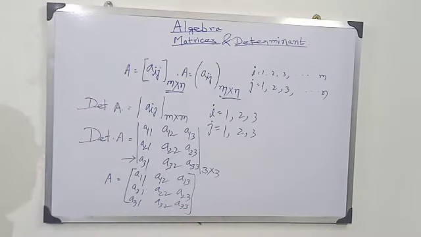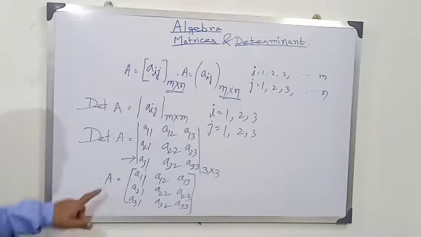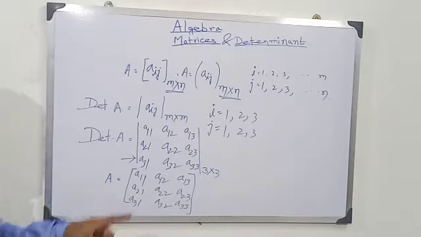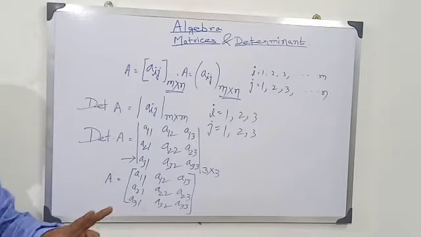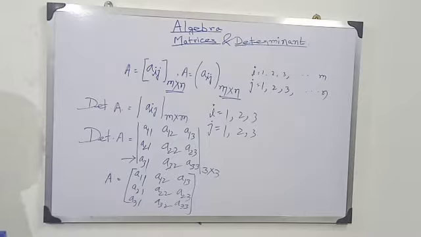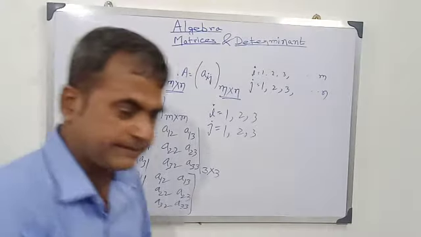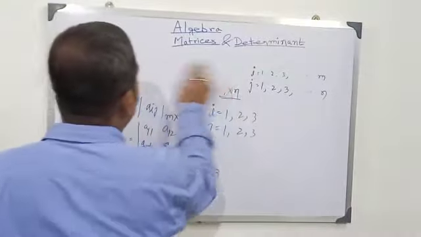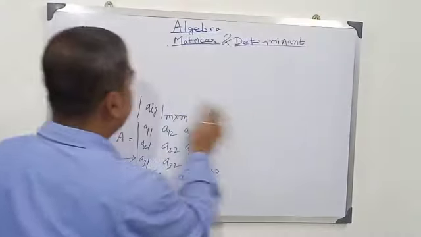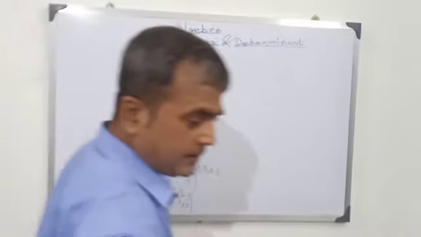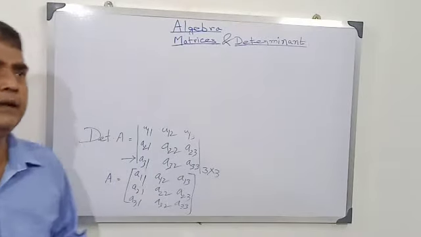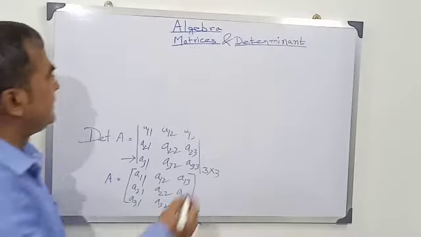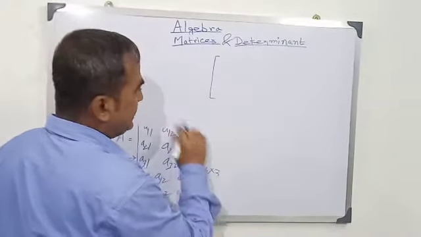Now, today we will be learning the determinant, how we derive the determinant, as well as matrix multiplications, and we will learn how to find the inverse of a matrix. Now, how do I define the inverse of matrix A? First, a diagonal matrix.